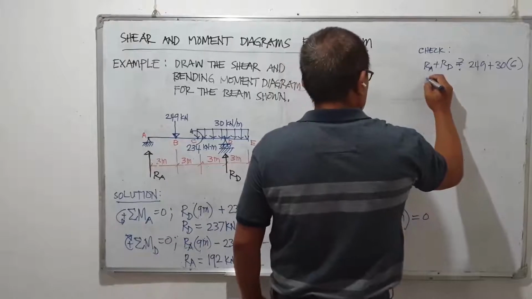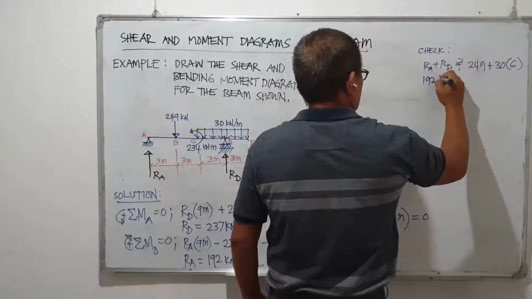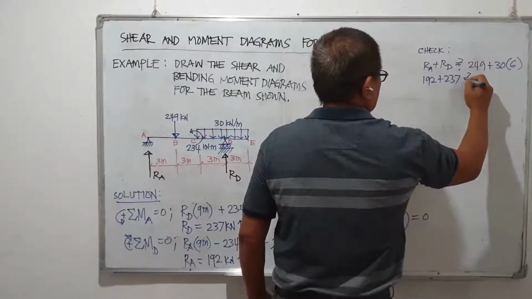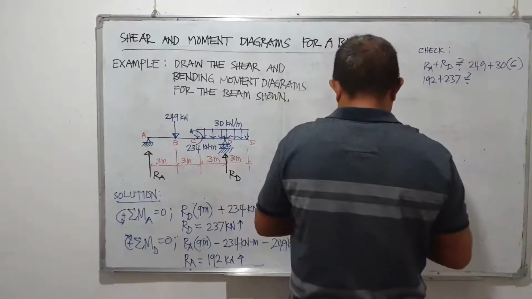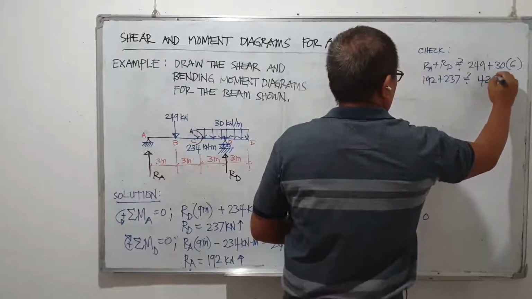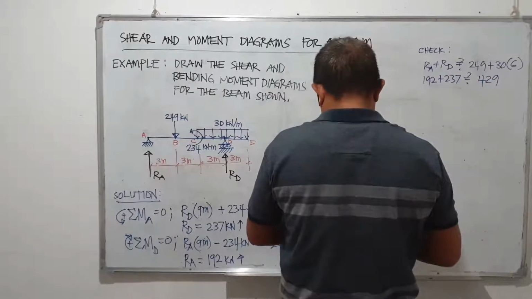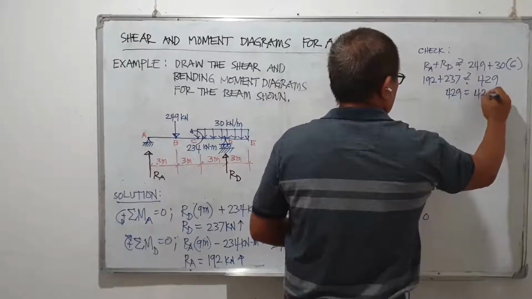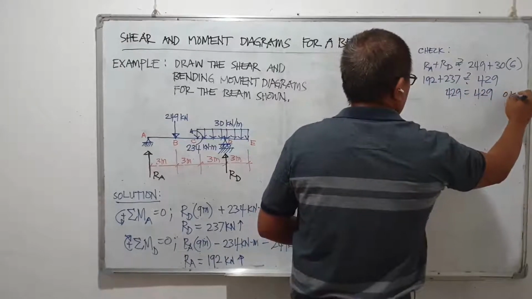R sub A is 192 plus 237. Is it equal to 429? So we have 429 equals 429. Is it okay?